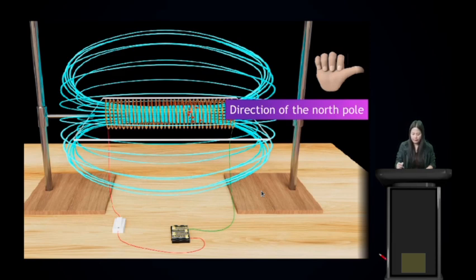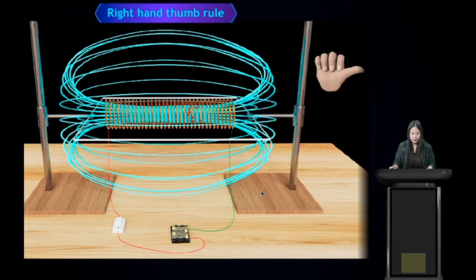So here, this is the positive end, this is the negative end. Current will come from the back to the front, from the back to the front, because it consists of many circular turns. So if the fingers show the direction of current, the thumb shows the direction of the north pole. In this case, we can determine the direction of magnetic field lines in a solenoid with the help of the right hand thumb rule.